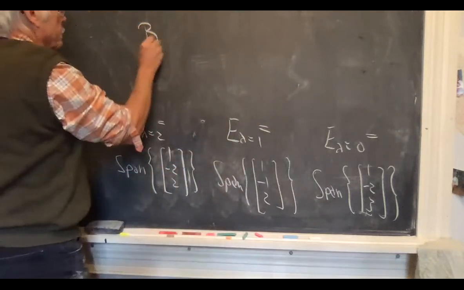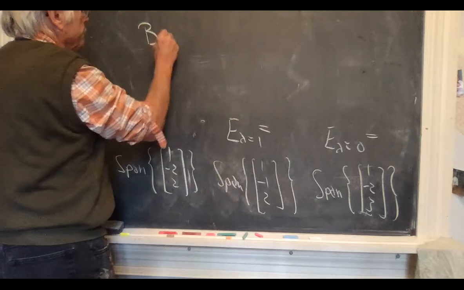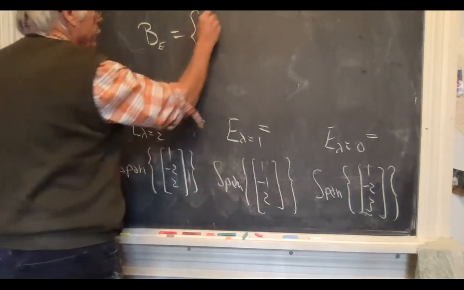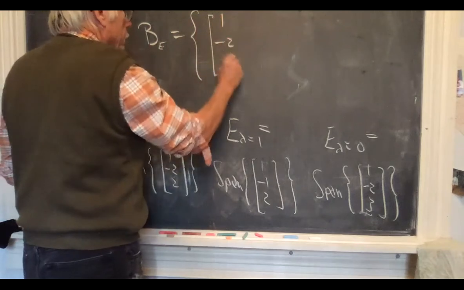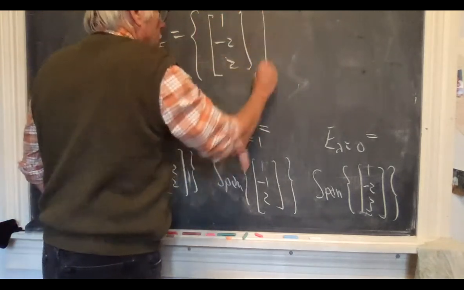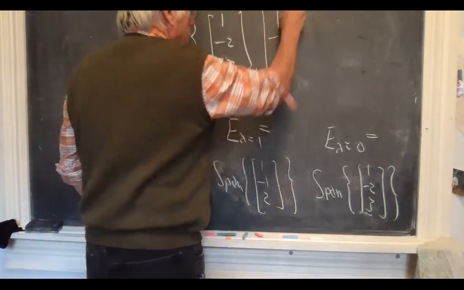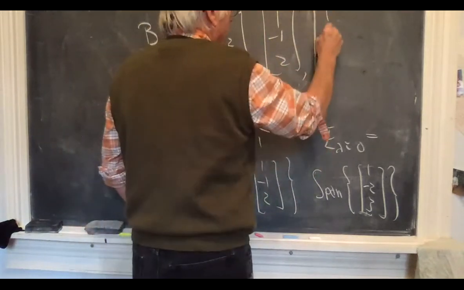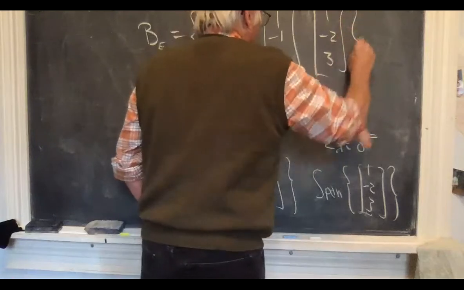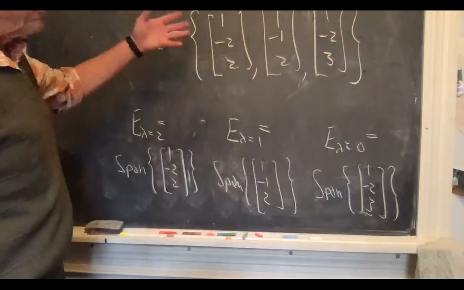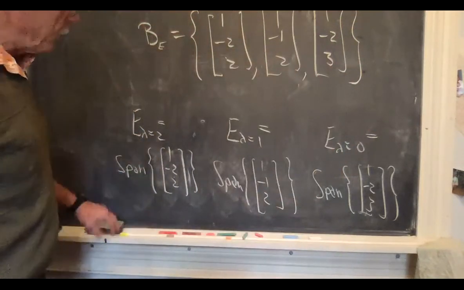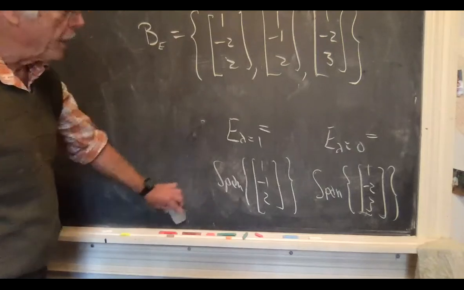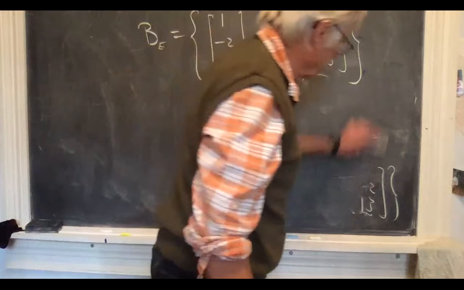I'm going to do it in this order, the largest eigenvalue first: 1, minus 2, 2. The second one is 1, minus 1, 2. And the third one is 1, minus 2, 3. So this is a basis for all of 3-dimensional space using these 3 eigenvectors, one eigenvector for each eigenvalue.